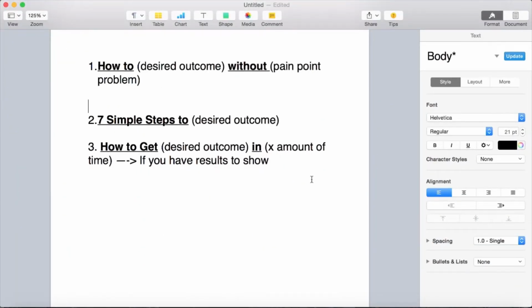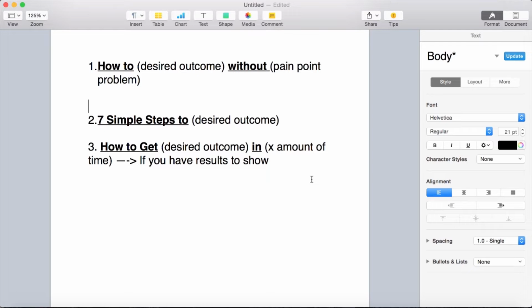So now that we have the survey conducted, we get at least 20 surveys back and we have the information in front of us. This is how we go about creating our bait. Now, this is a simple template that you can use that has 3 different ways in which you can write out your bait.